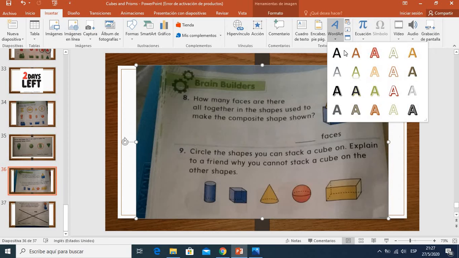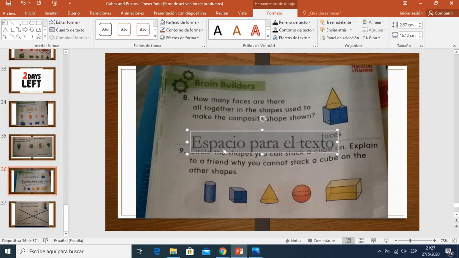Is it 5 or is it 6? It's 6, very good. There are 6 faces in the cube. Remember, 1 on top, 2, 3, 4 at the back, 5 at this side, and 6 at the bottom.